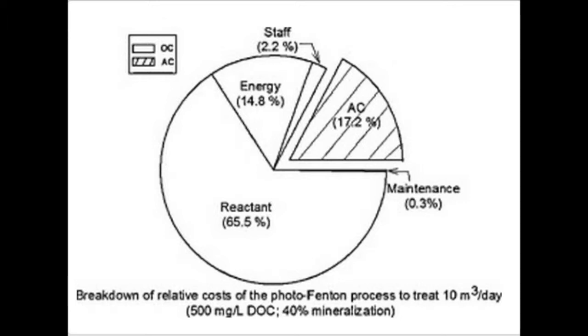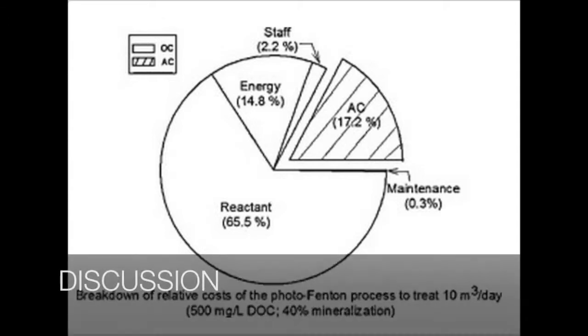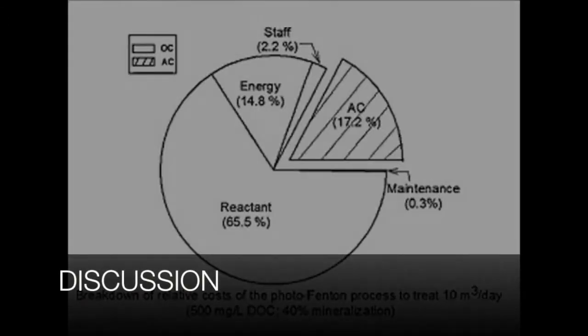The main thing to notice is that reactants account for 65.5% of the costs, and energy costs are very, very low compared to other processes such as the artificial UV photo-Fenton process. The reactants that are used in the process consist of iron and hydrogen peroxide.